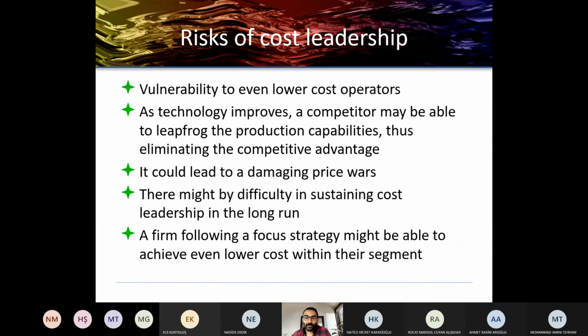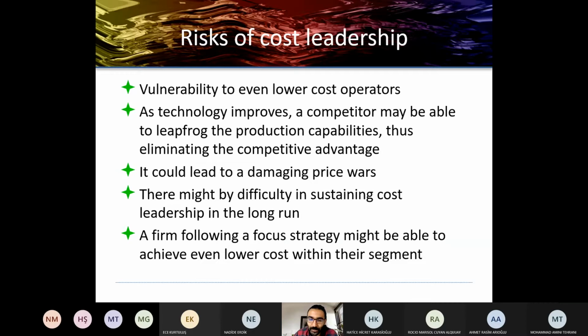When a new entrant, for example, or a rival controls their costs better than you, it can decrease the prices better than you, so you can lose, okay? And as technology improves, your competitors maybe learn new technologies and eliminate your competitive advantage. It is very difficult to sustain this in the long run, right?